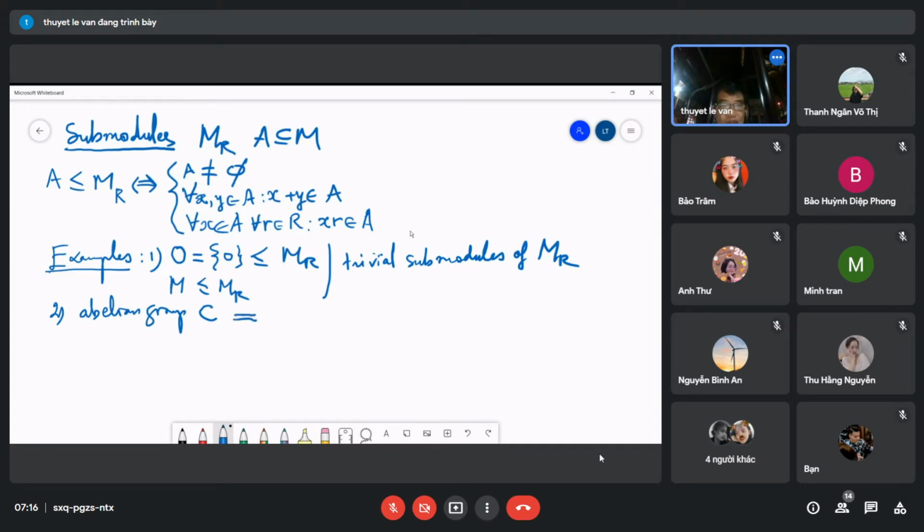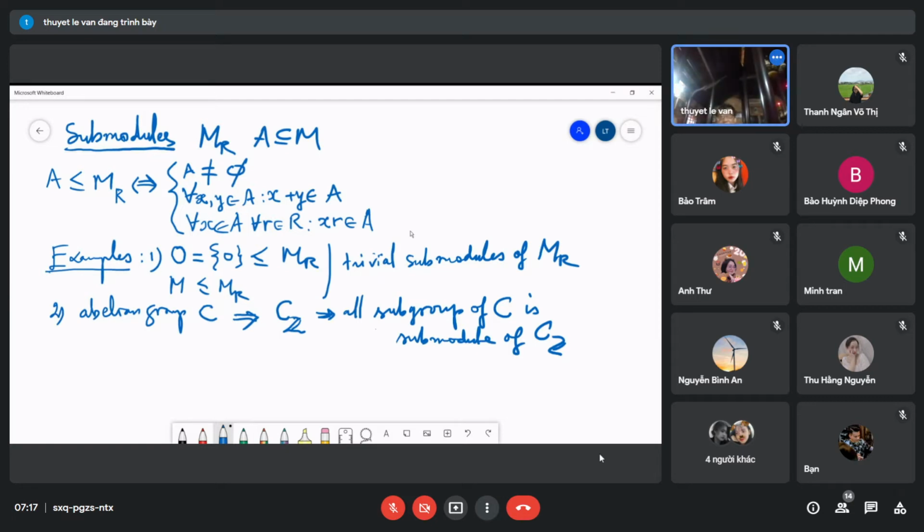So you remember that when you give the abelian group C, it means that you can consider C as a Z module, and then every subgroup of C is a Z submodule of C. Okay, I can write the Z submodule, or I can say that is the submodule of C.